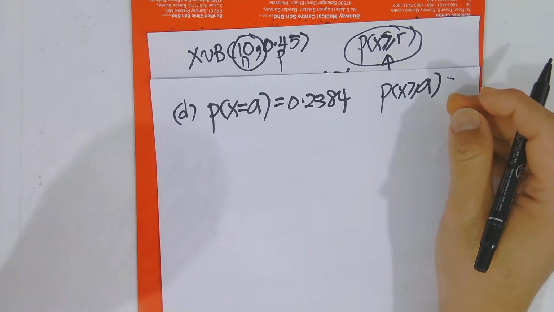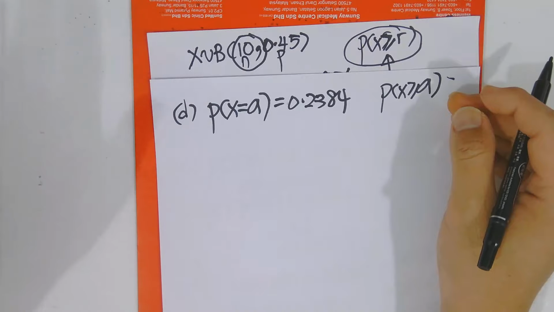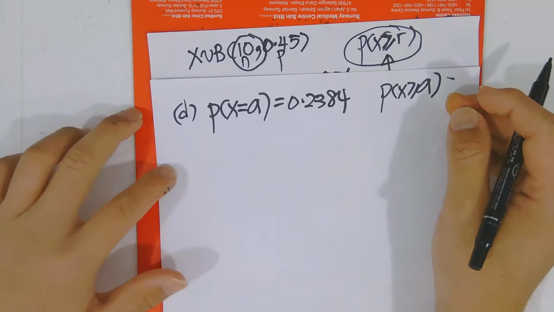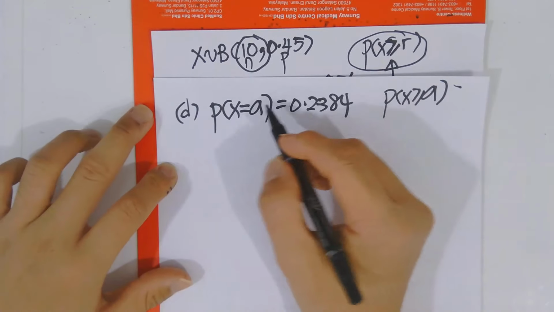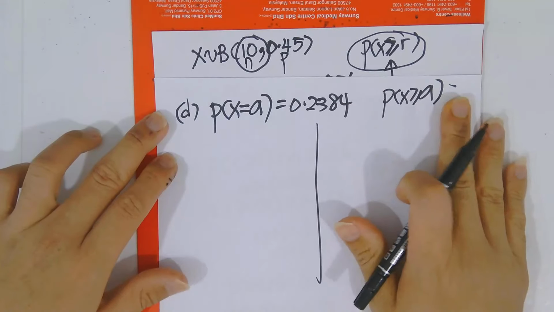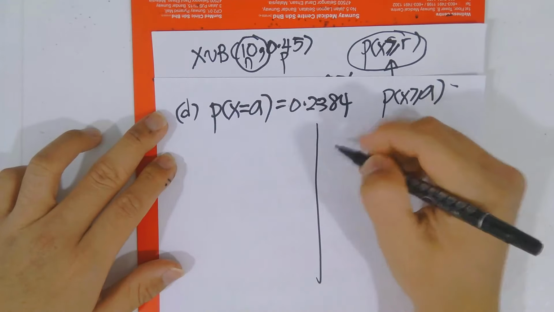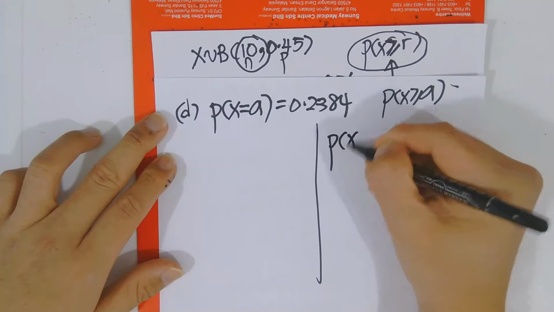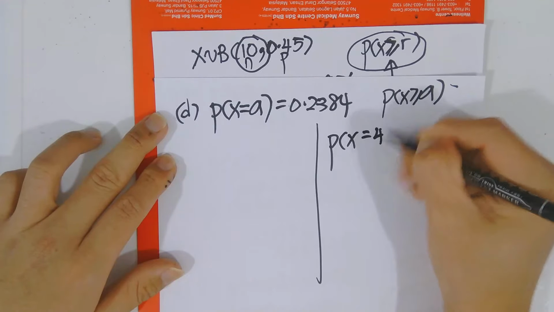By using the statistical table, this question requires you to use the binomial distribution statistical table. What you should do is this: this is equal. Let me give you an example before you understand this. Let's say I want to find the value of Px equals 4, for example.